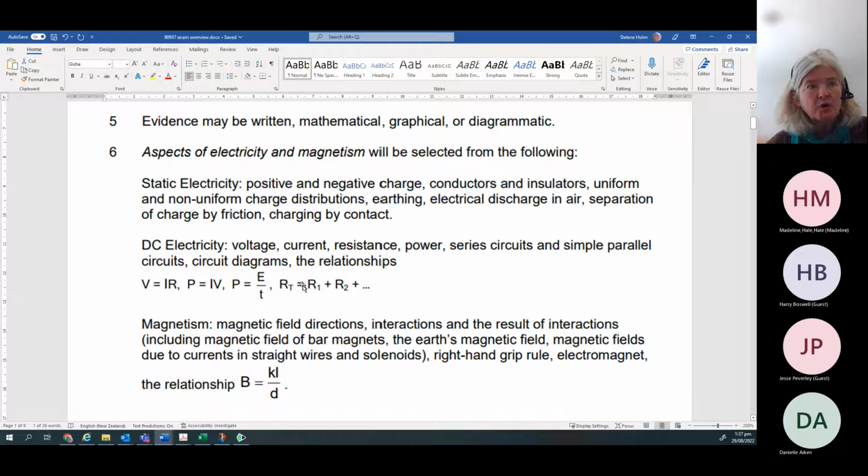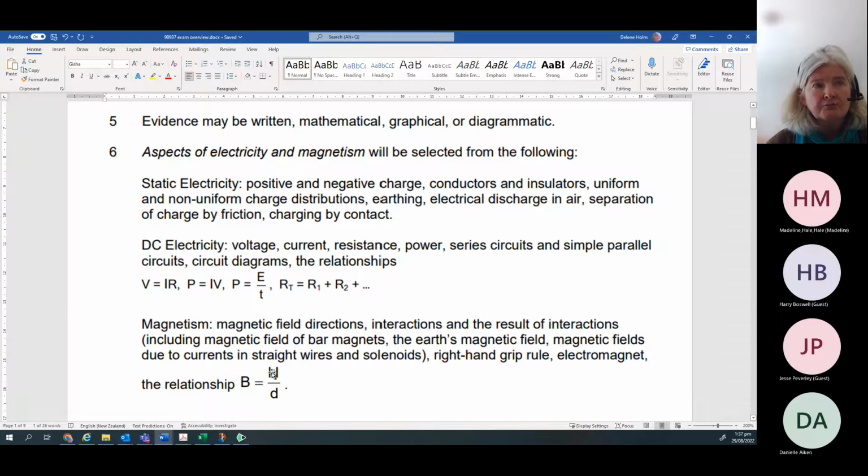But here are the four equations you are supposed to know. So this is to work out the total resistance of a series circuit. This is when you've got power related to time and energy, or power related to current and voltage. And this is voltage related to current and resistance.